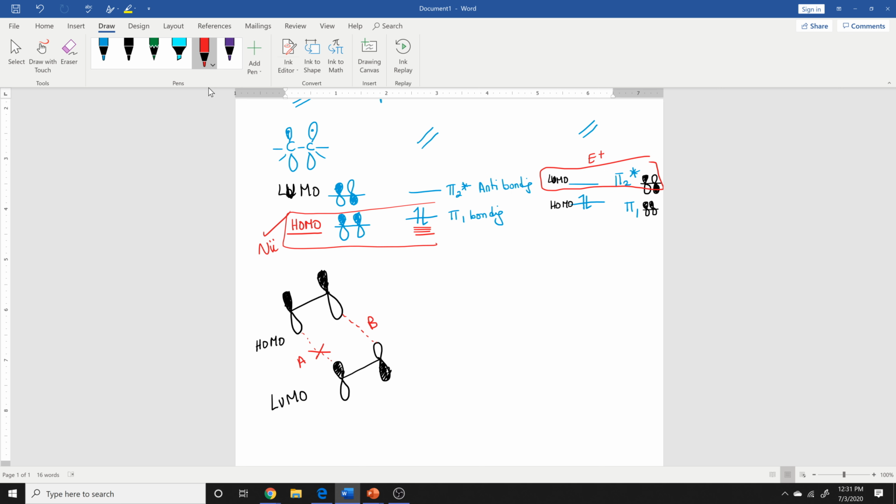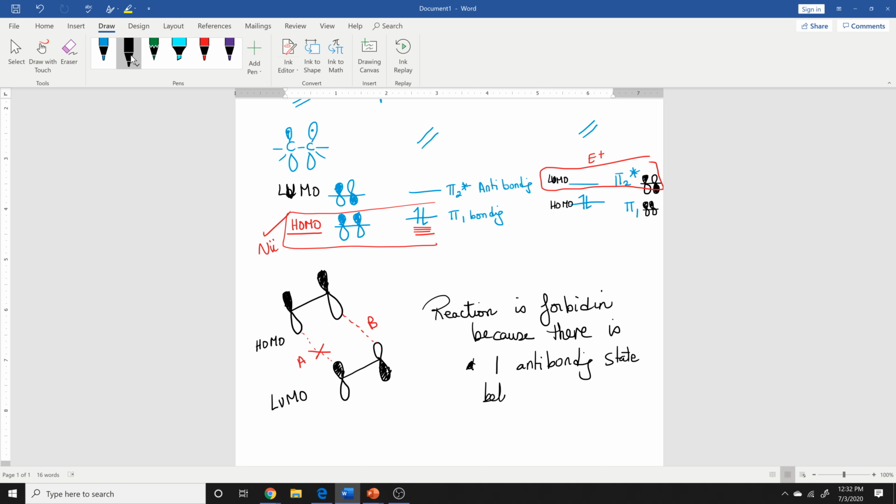The moment that you can see the p orbitals don't bond with each other, this means that the reaction is forbidden. So here we should say your reason: the reaction is forbidden because there is one anti-bonding state between 2 p orbitals.